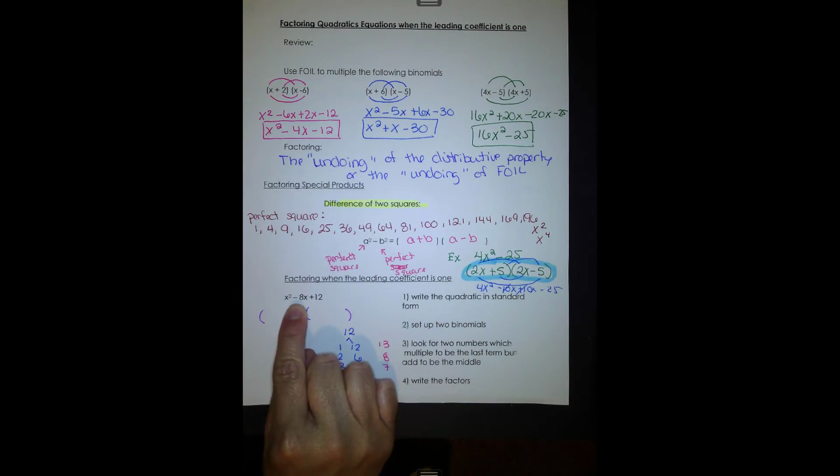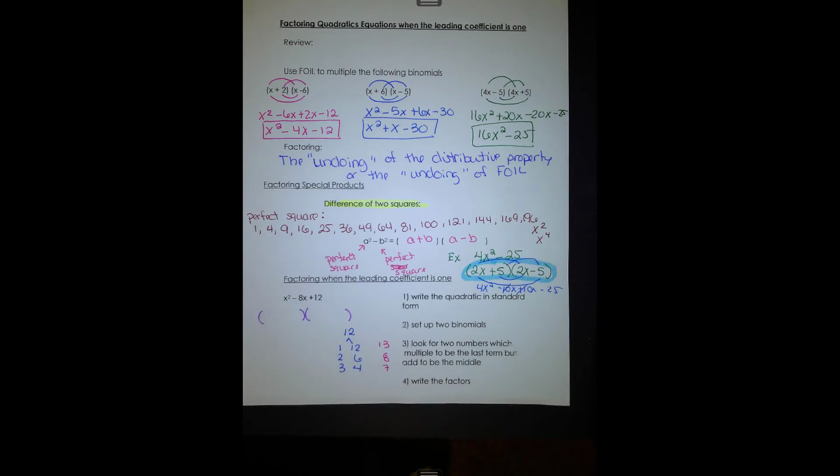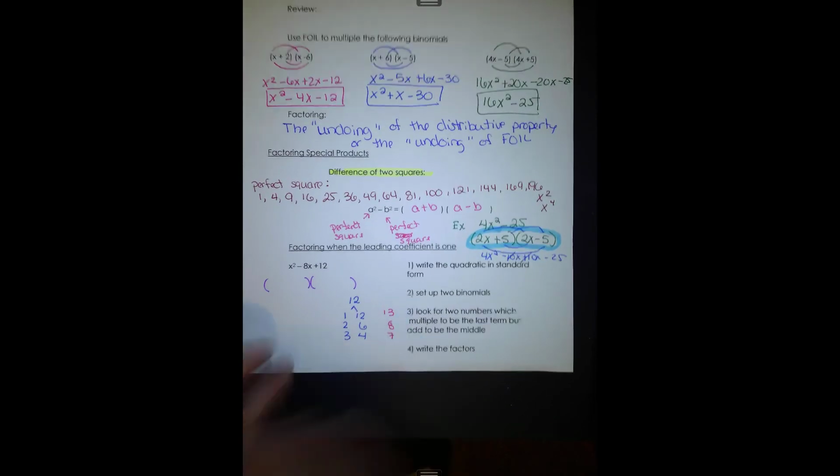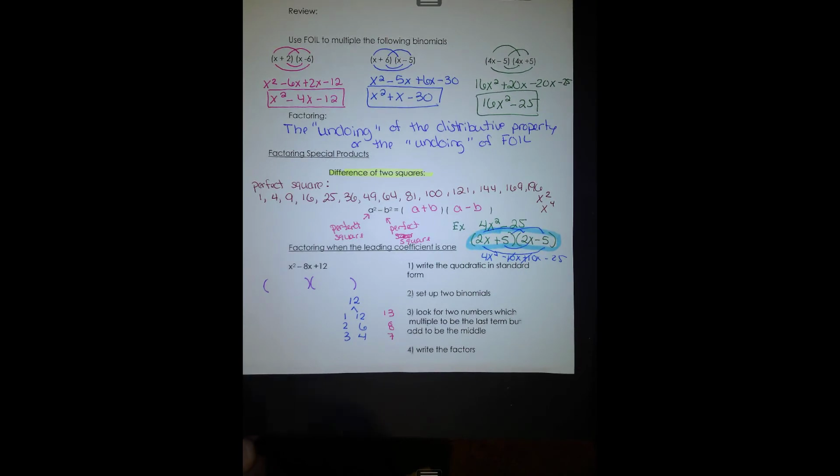So that's really important. We have to remember, not only is a positive times a positive going to give us a positive number, but we also know a negative times a negative gives us a positive.